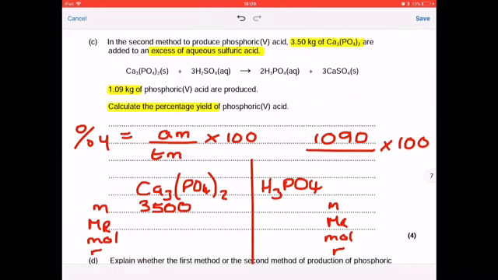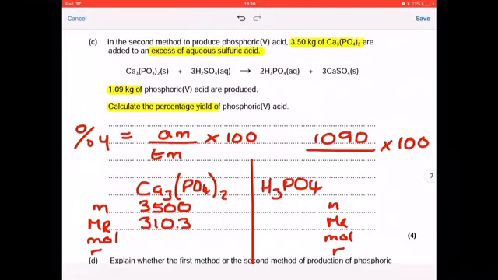The MR is calculated by having 3 calciums. Calcium has an atomic mass of 40.1. So you've got 3 lots of that, plus 2 phosphoruses. Both have a relative atomic mass of 31, and 8 oxygens. So 8 lots of 16. That gives you a total relative mass of 310.3.